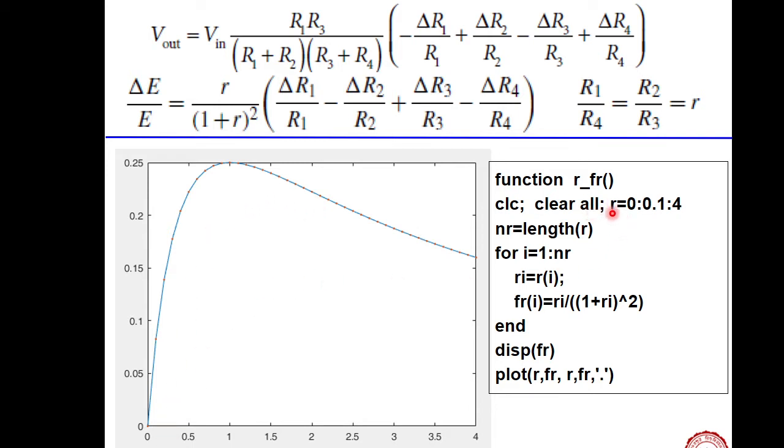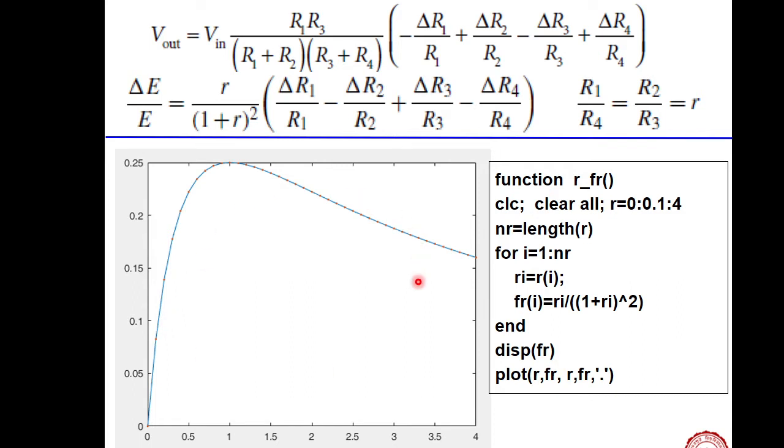At each point, the value of this quantity, R divided by 1 plus R whole square, is computed. This is a simple MATLAB code, and then this is plotted, this is the plot.